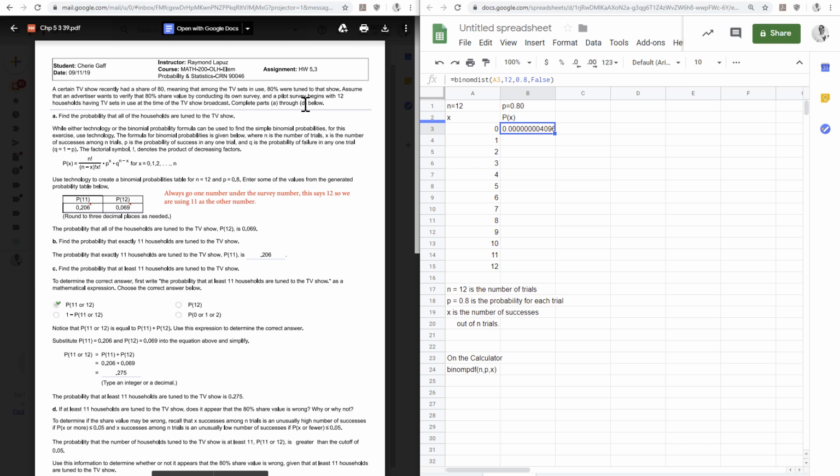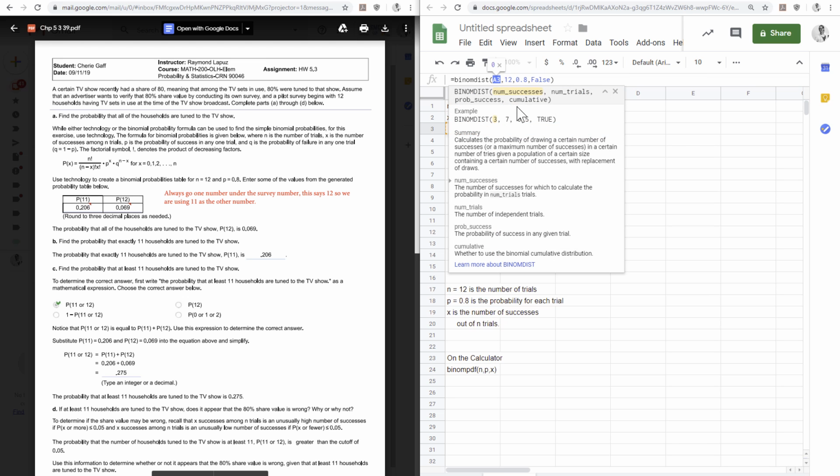So if I asked you what is the probability that none of them would be watching TV, then this is your probability, which is really, really small. Now the reason I use Excel is that I can assign a value for the number of successes, which is A3 in this case.